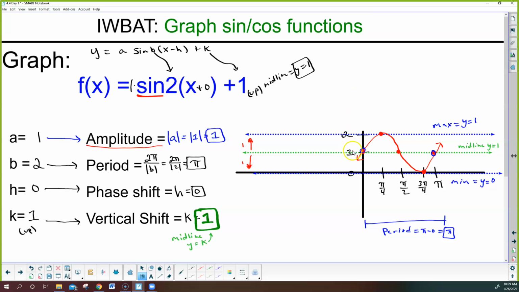So I'd go up from 1, I'd go up 5, so my max would be at 6. And then if I'm already at 1, my min, I would have to count 5 units down, and I'd be at -4. So if the amplitude is different, then that's going to tell us how far we are away from the midline. So it's very important to basically do the midline first, and that will set your max and mins.